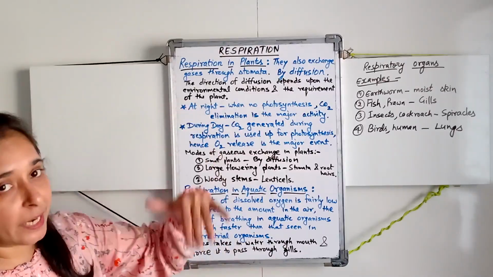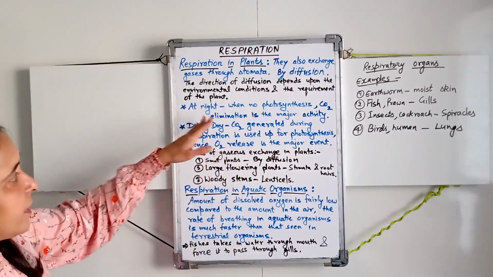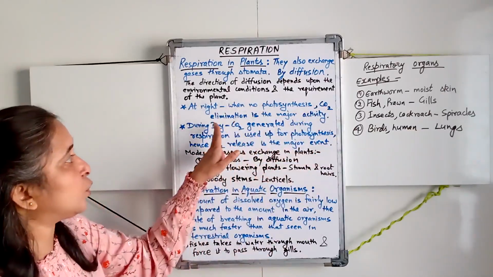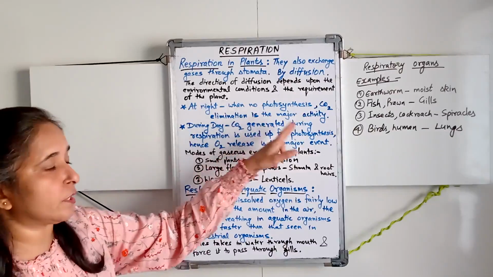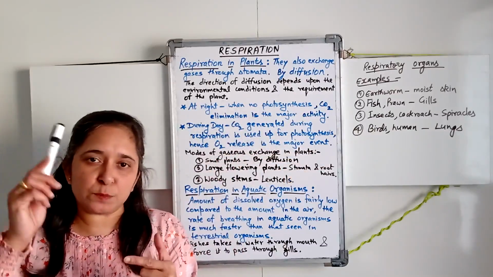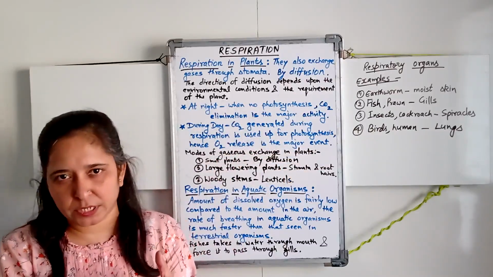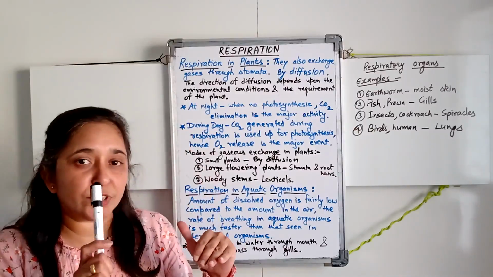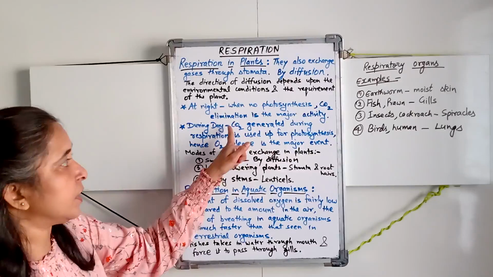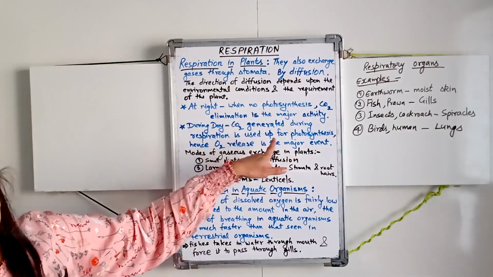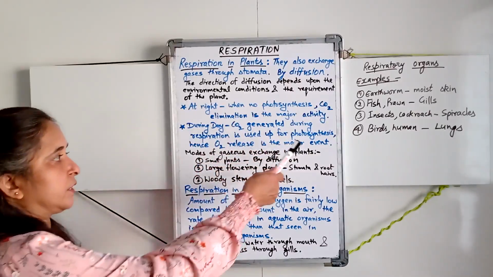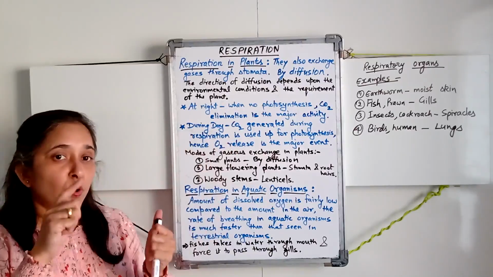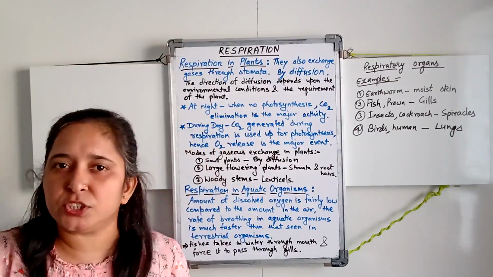Now at night time, what happens actually? At night time when no photosynthesis occurs, at that time CO2, carbon dioxide elimination is the major activity. Means plants release carbon dioxide. Fine. Now during the daytime, whatever CO2 is generated during respiration is used up for the photosynthesis process, and hence during daytime oxygen release is the major activity.